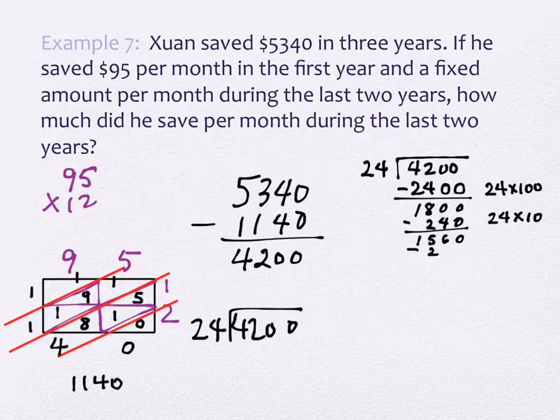Do we subtract 240 again? Yes, we can. This is 24 times 10. What is 1,560 minus 240? 1,320. Shall I subtract 240 again? Yes. Indeed. So what is 1,320 minus 240?